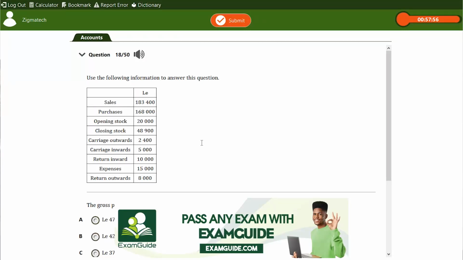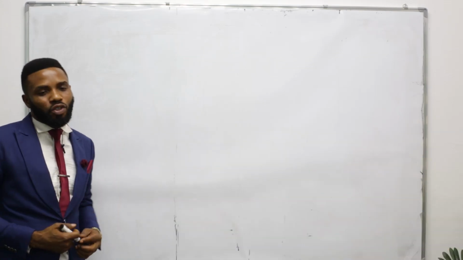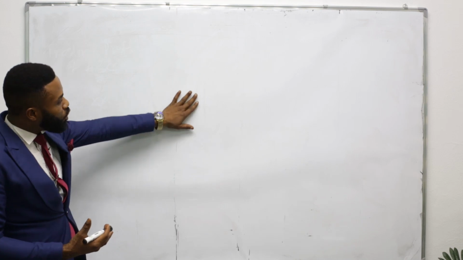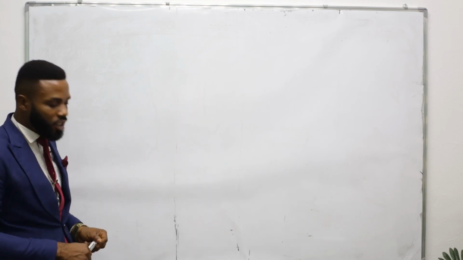Even if it is objective, we want to see how we'll be able to provide solution to this problem. Now, from this question, you've been given sales, purchases, and opening stock. All the transactions that I have mentioned so far, at least they have given us the information. It's just for me now to use the knowledge gotten from what we have discussed to provide solution to this.